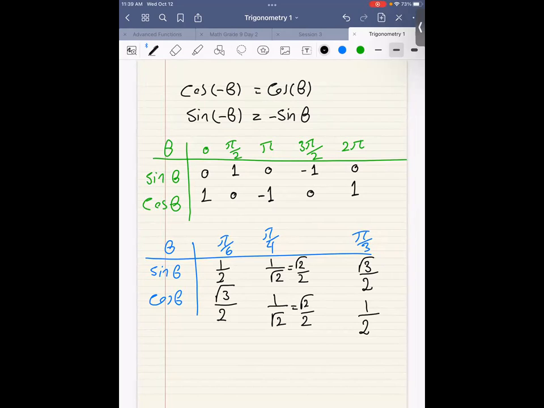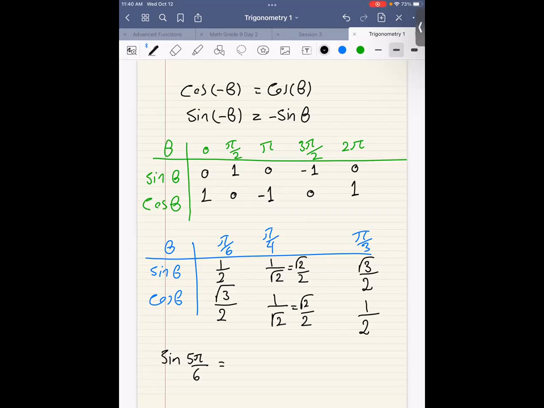Once you know this, and besides the fact that sine and cosine are 2 pi periodic, if I come and ask you, so Lisa, what is sine of 5 pi over 6? Can you tell me? Negative.